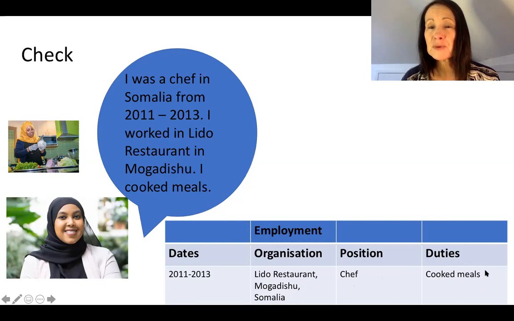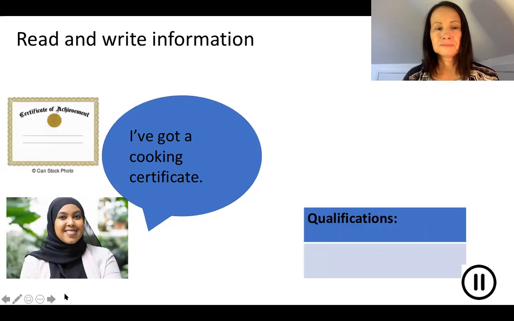Do you know this word meals? Can you think of any meals that you eat? Breakfast, lunch, and dinner. Do you recognize this picture? Perhaps you've got one of these. Let's read what she says.